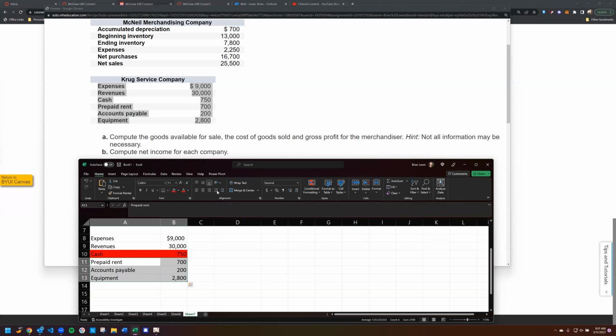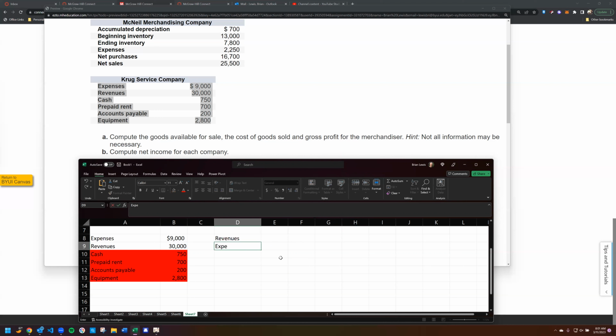This is all irrelevant because prepaid rent is an asset account, accounts payable is a liability account, and the equipment is an asset account. So all this is irrelevant. All you need to focus on is revenues and expenses. They're telling you that revenues is $30,000.